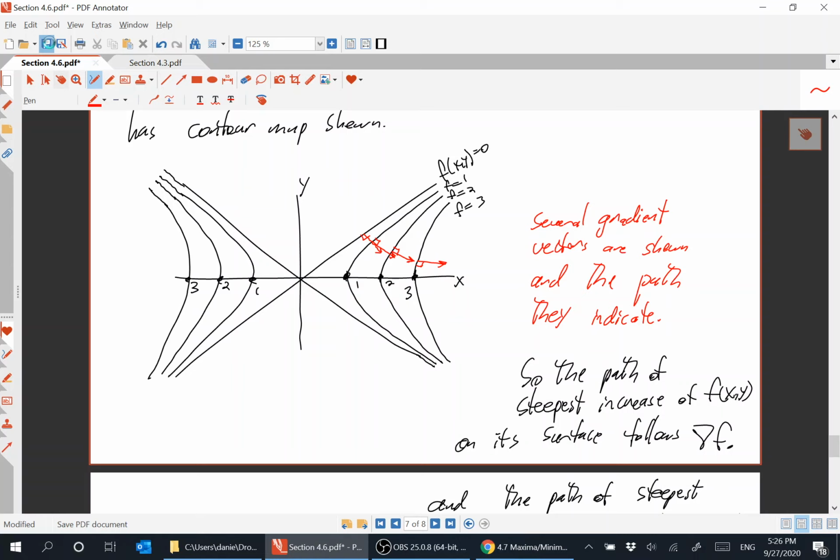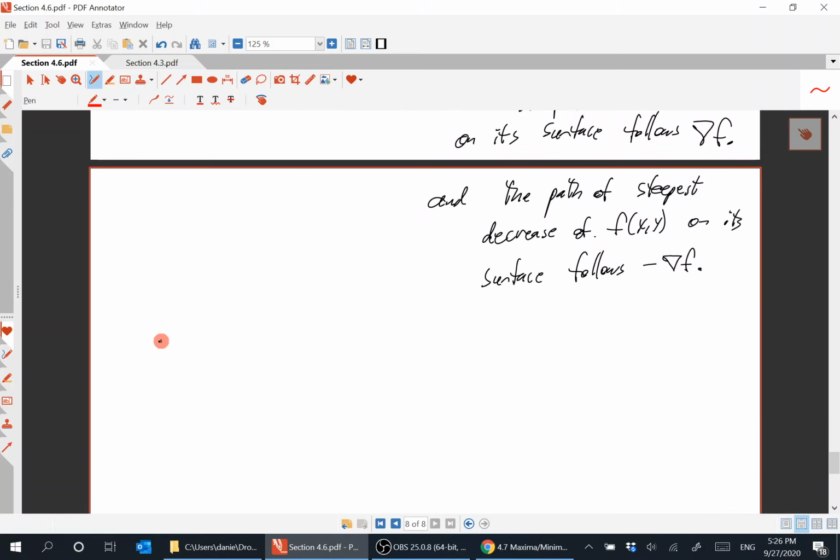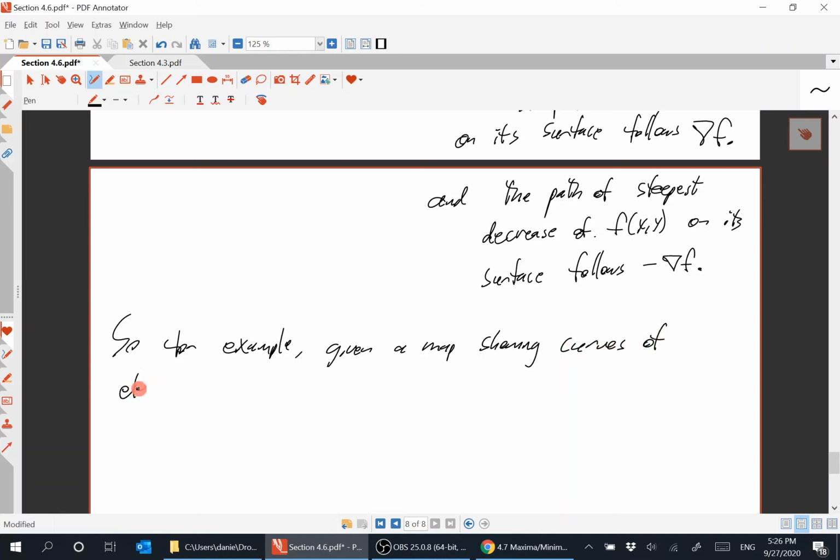So where do we see such things in the natural world? For example, given a map showing curves of elevation, water will typically flow down in the steepest direction.